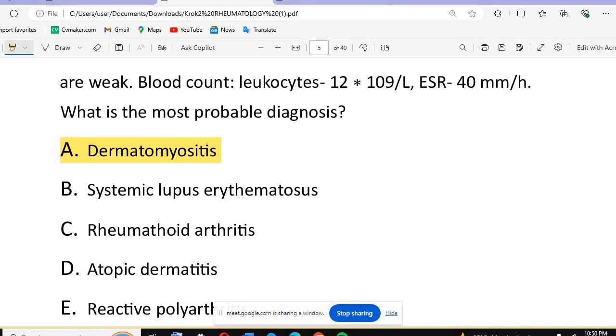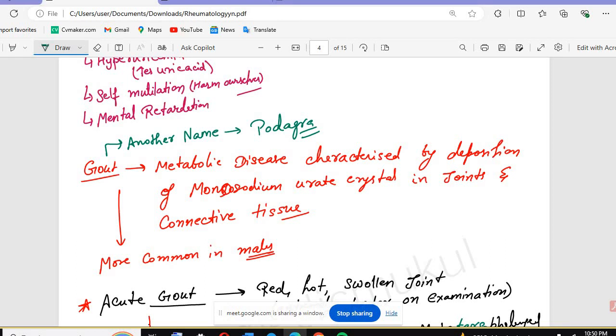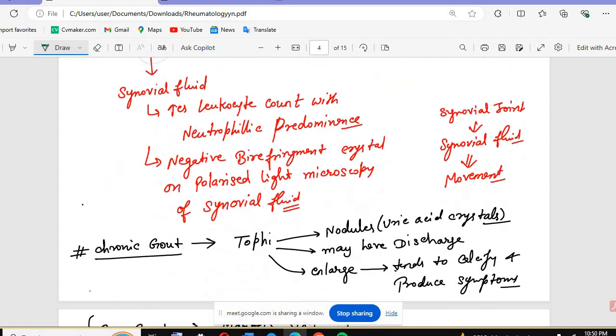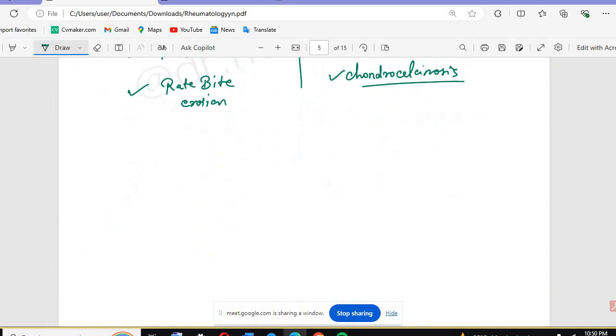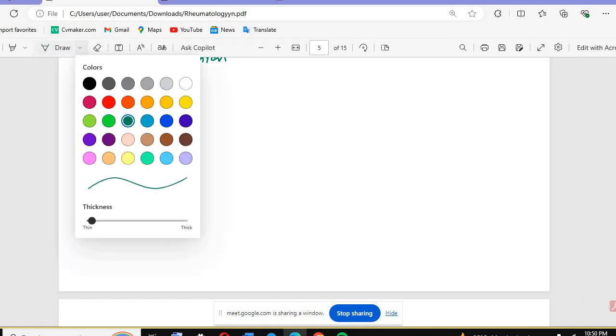So let's see dermatomyositis. It is again a very important topic, all these topics are very important. Maybe you will get around 4 to 5 questions from this topic itself. So write down the heading: dermatomyositis.